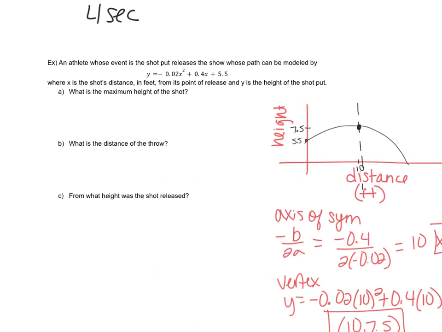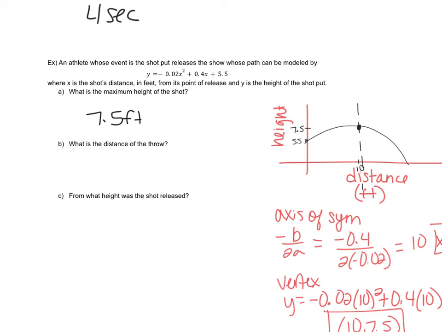All right, so we can answer some of these questions, but letter B, we're going to have to come back to it, but let's just do letter A. So what is the maximum height of the shot put? Well, the maximum height would be right here, at the vertex. So the height would be 7.5 at that point. So 7.5 feet.